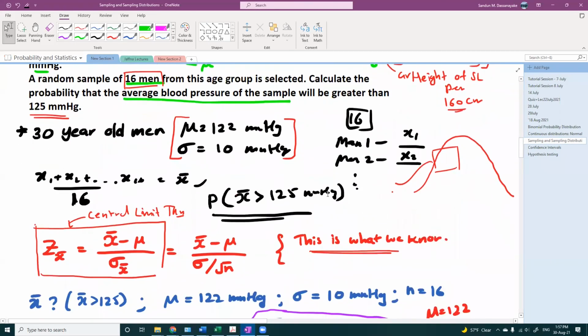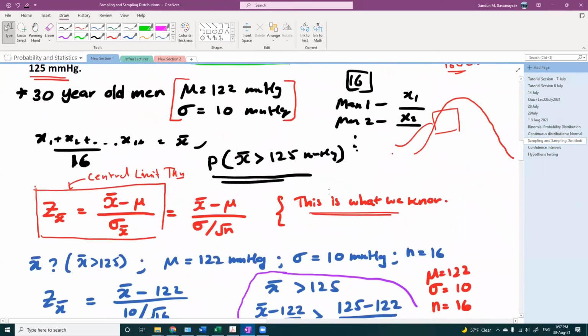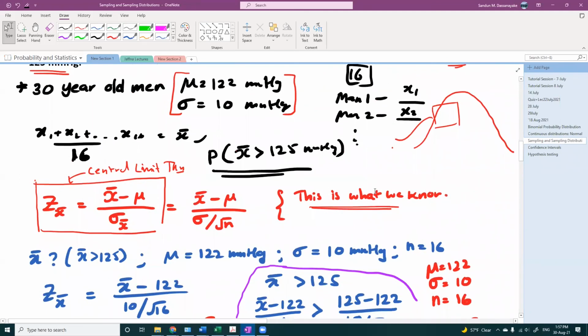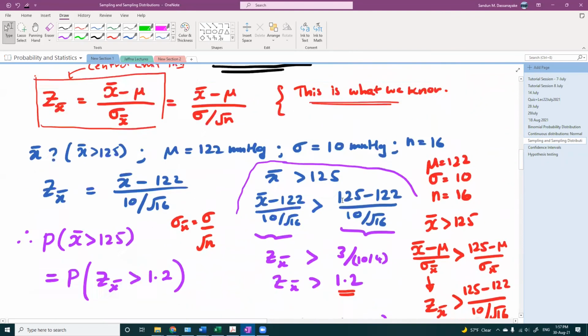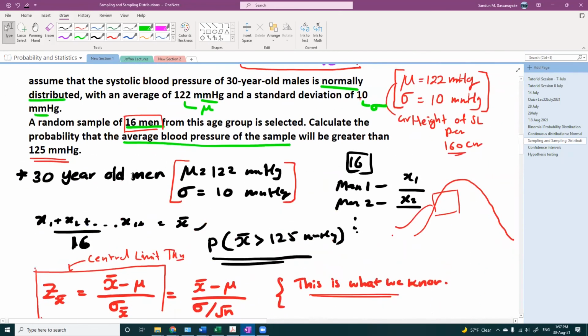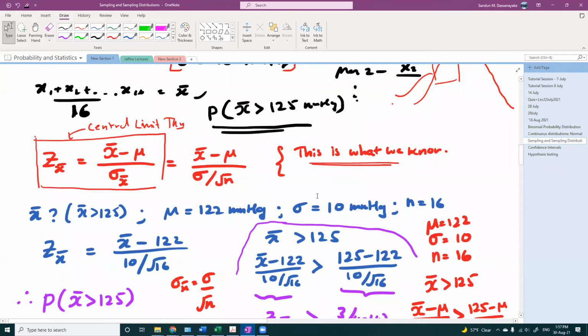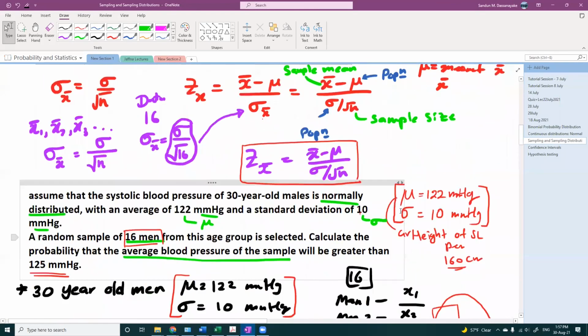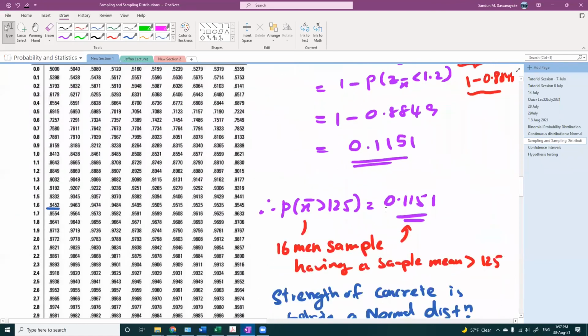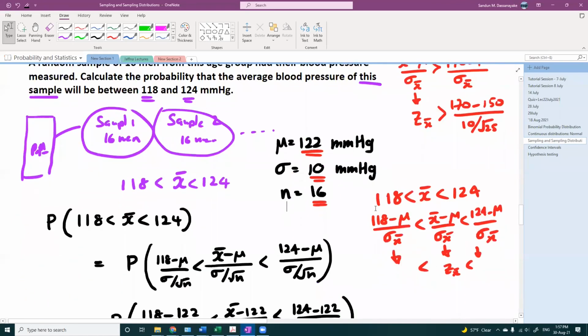So once you have the standard normal distribution, you can calculate the value here, and that will be the value that you refer to the table. So from the table, you can get a value, and you can find the area, so you can give the probability. Vice versa, you can actually follow the same thing in a different way.